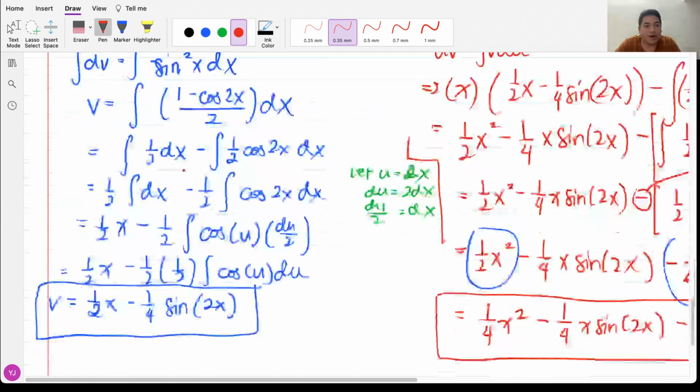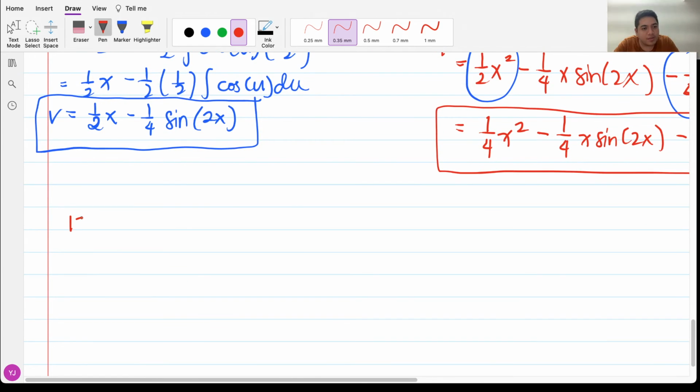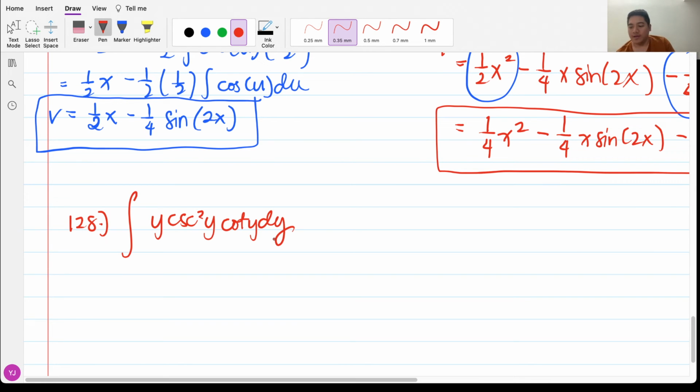So for our last problem, 128, we have the integral of y cosecant squared y cotangent y dy. In this type of problem, again, we can just use integration by parts by letting u as y, and the du would be dy, and then the dv will be the remaining integrand.